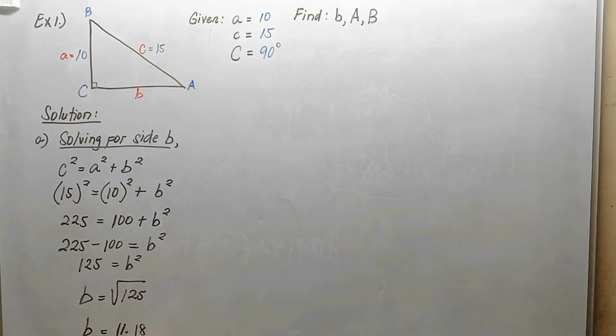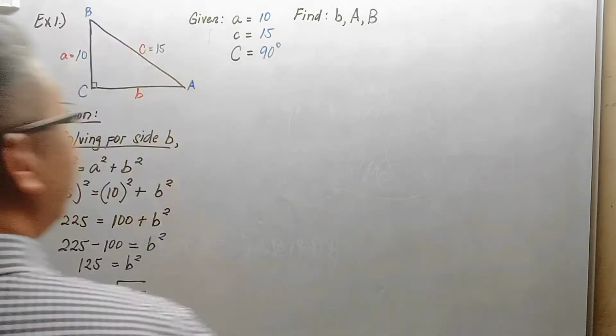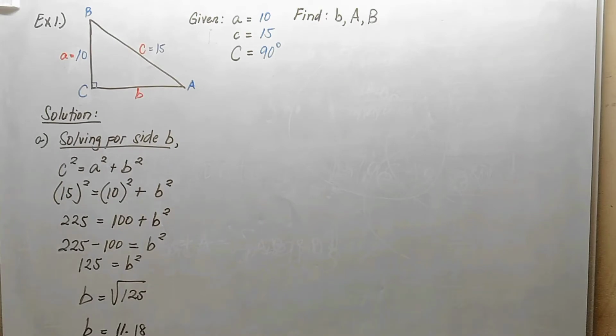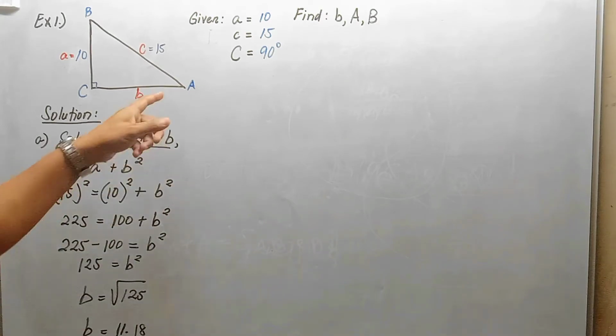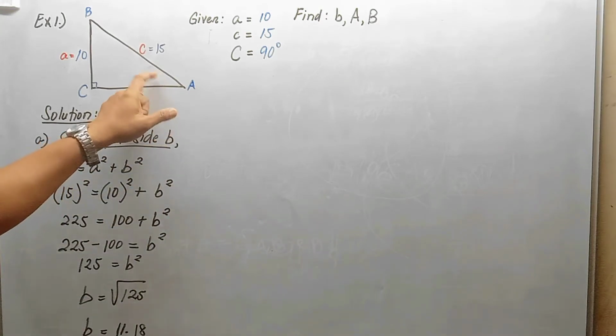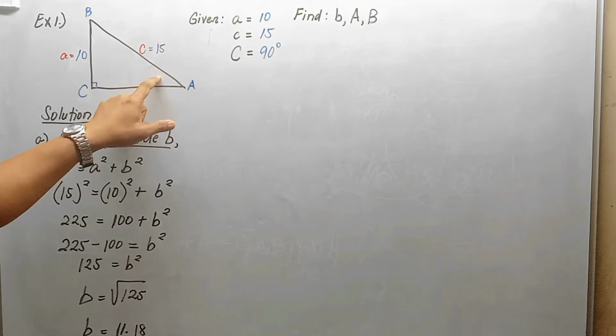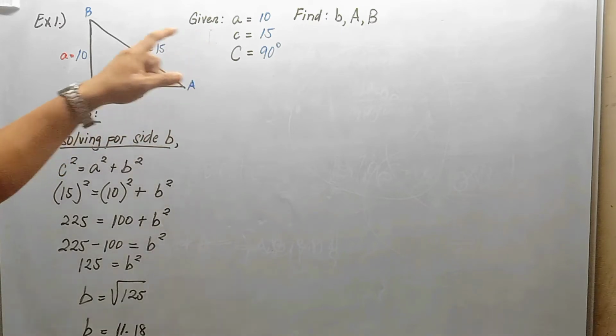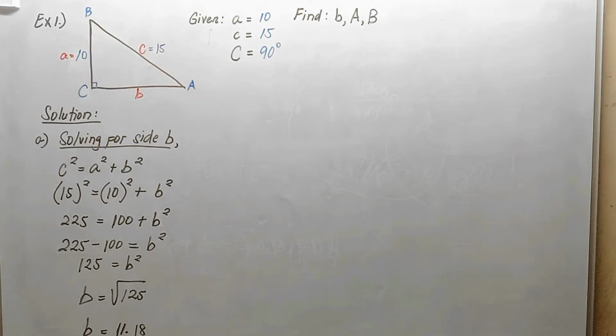Okay? So this is the dimension for the third side, B. It's equal to 11.18. Now, the second requirement is we need to find the angle A. How much is the angle for this A? And then the third one is angle B.